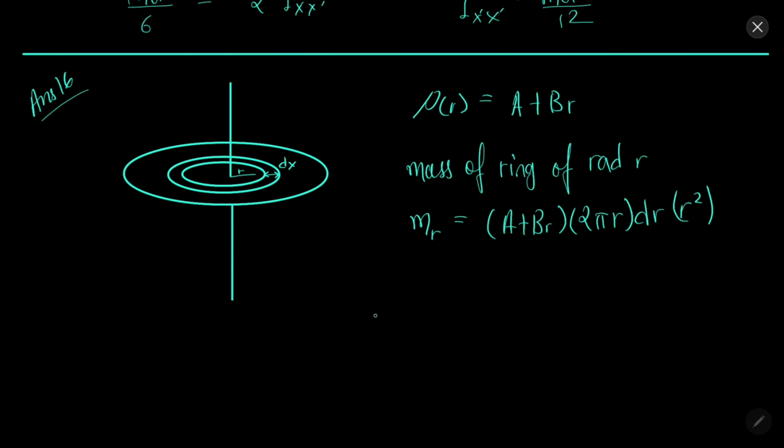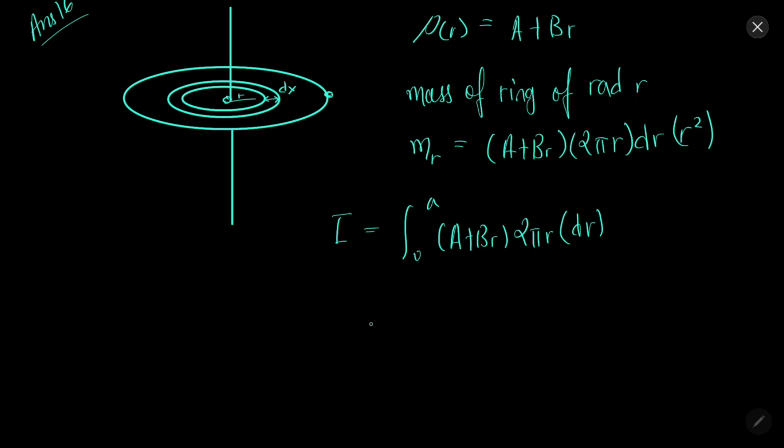So the moment of inertia will be the integral from 0 to a, because we are going from 0 to a, of a plus br, 2 pi r dr, and also r square.